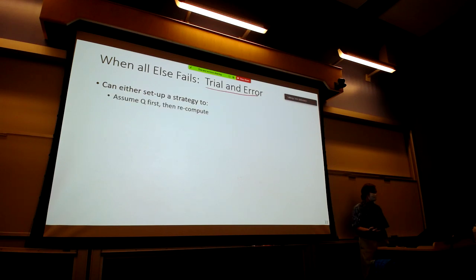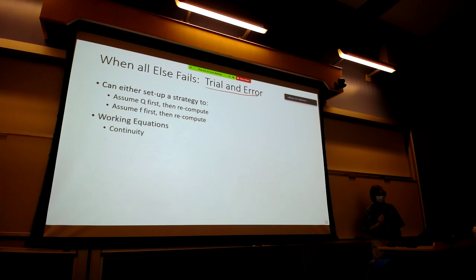You can either set up a strategy based on discharge, or you can set up a strategy based on friction factor. Personally, I think it's a little easier if you guess at friction factor. Some other people may not have a physical feel for friction factor versus discharge, and so you can certainly do this with discharge.